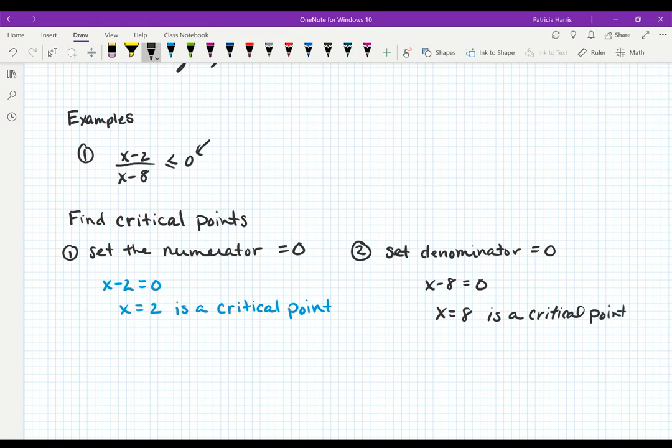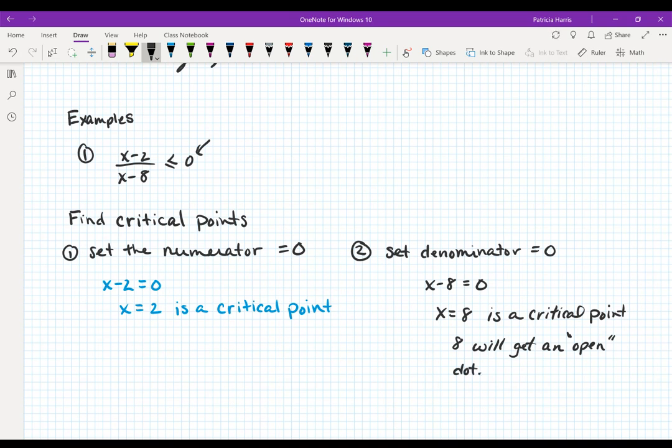Now, it also is a point that you cannot have. So 8 will get an open dot when we graph these on the number line.